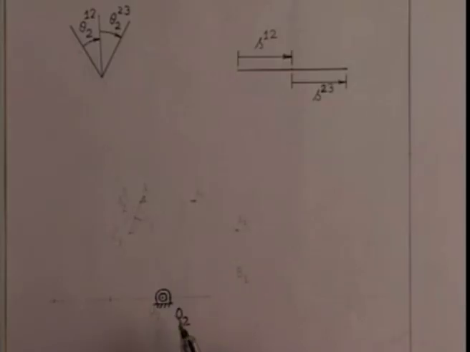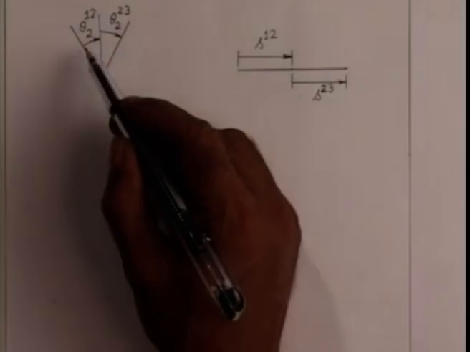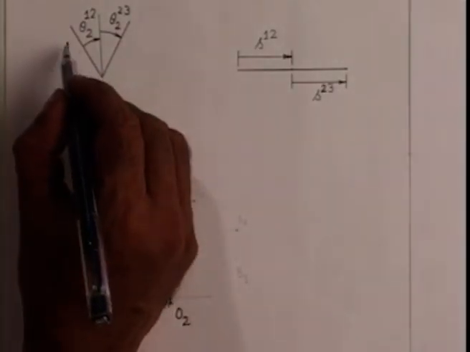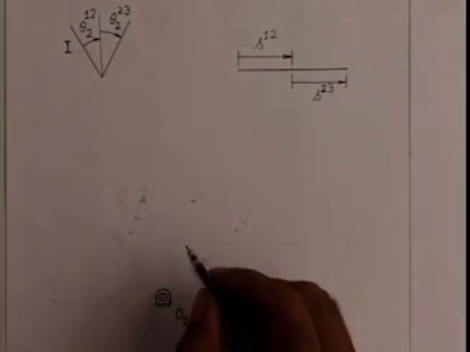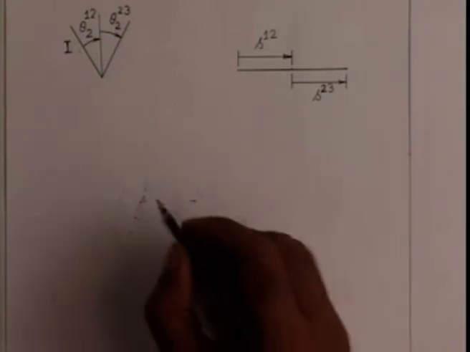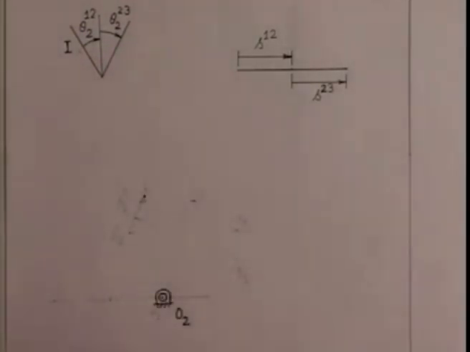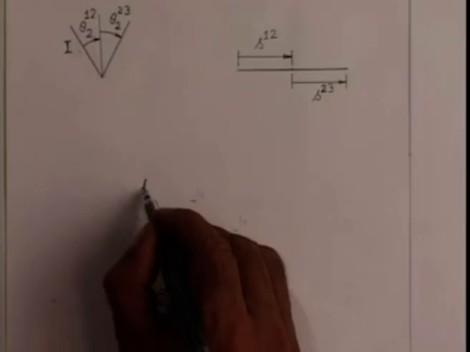We also choose the crank length and the crank pin corresponding to this first configuration. If I call it configuration 1, we choose A1 at this location. So we call this A1.